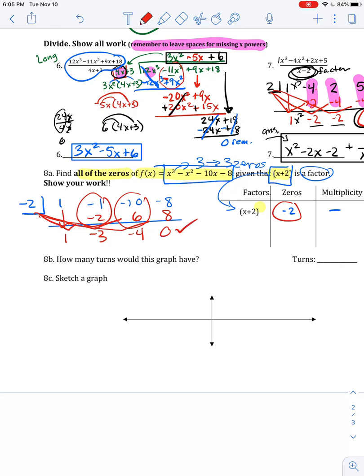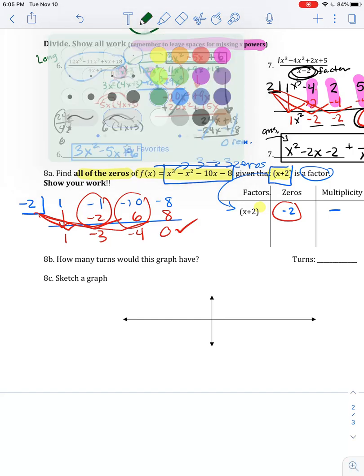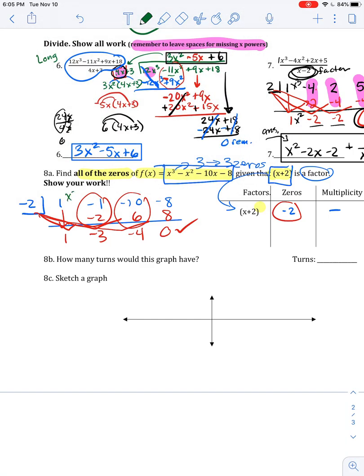So then thankfully, these make an 8 and I get 0 as my remainder. That is a good sign. That also means that since this was x to the third, this is an x to the second.